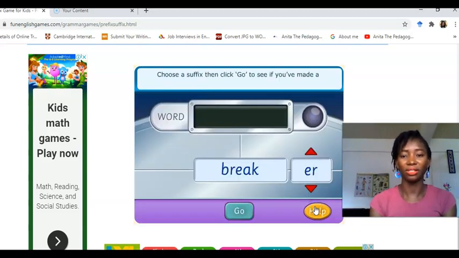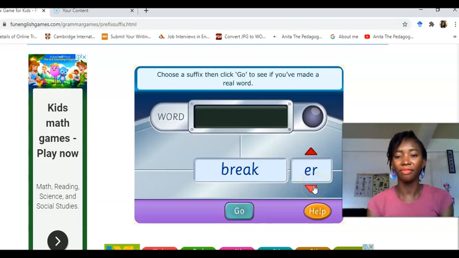So we move on to the suffixes. So this helps us to practice adding suffixes to root words to make new words.